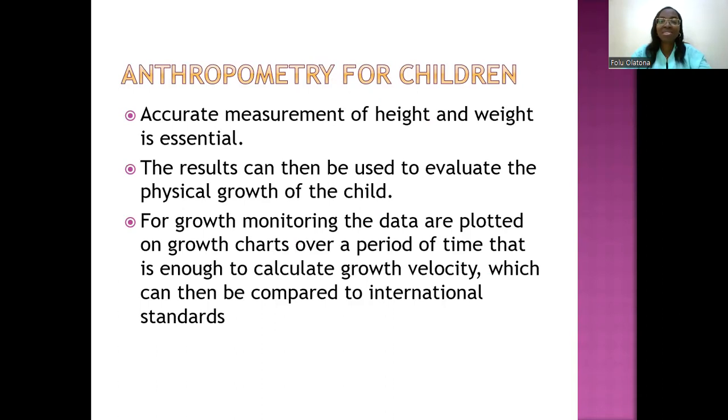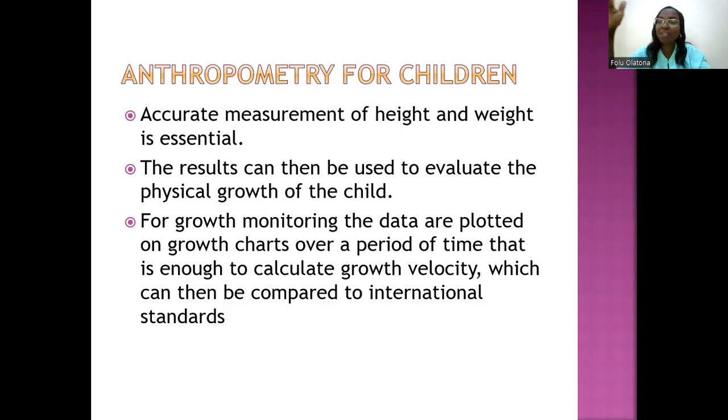Anthropometry for children. Accurate measurements of height and weight are essential, and the results can be used to evaluate the physical growth of the child. So when a child comes to a health center or a hospital, the height is measured, the weight is measured, and that child has a chart that is peculiar to him.